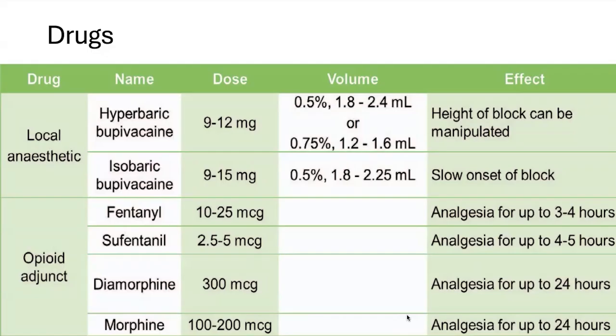The adjuvants that we use as opioids are fentanyl, 10 to 25 micrograms, sufentanil, 2.5 to 5 micrograms, diamorphine, 300 micrograms, and morphine, 100 to 200 micrograms. By adding opioids, we can increase the duration of pain relief: fentanyl 3 to 4 hours, sufentanil 5 to 6 hours, diamorphine and morphine 24 hours.